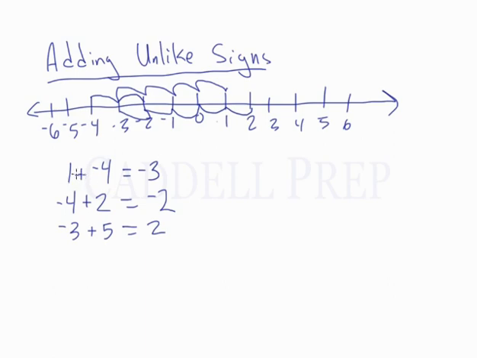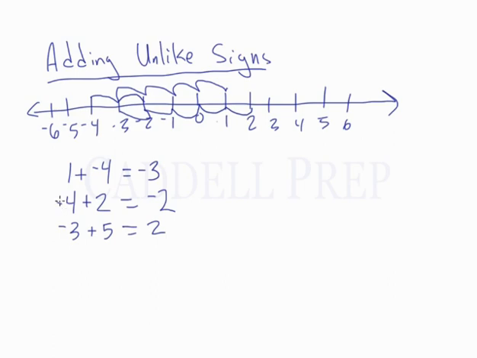So it looks like when the signs are different, we find the difference between the numbers. So the difference between 4 and 1, or 1 and 4, is 3. And it's negative because the bigger number is negative. Negative 4 plus 2. So the difference between 4 and 2 is 2.